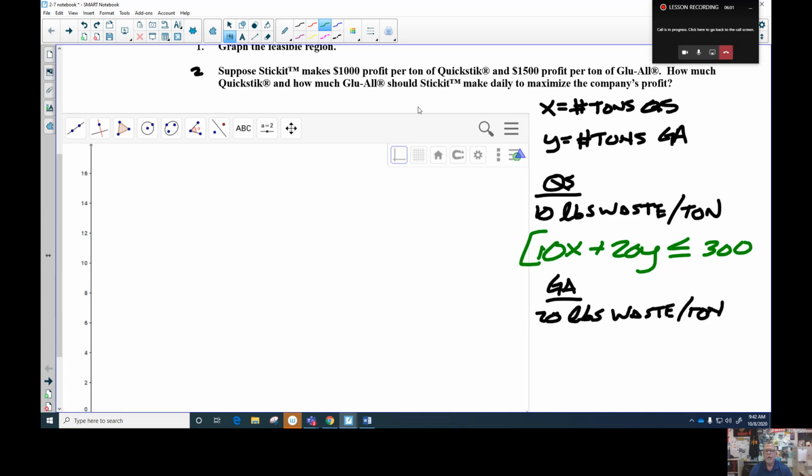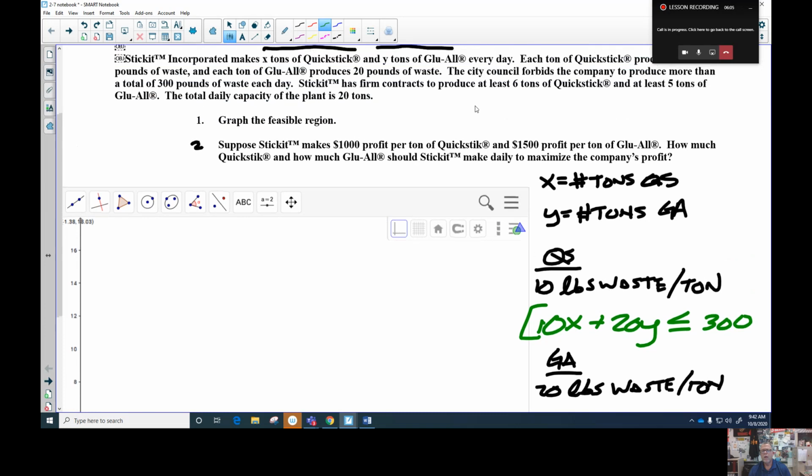All right, so I keep reading. Go back to the problem. And we did that sentence. So now Stickit has firm contracts to produce at least 6 tons of Quick Stick and at least 5 tons of Glue All. So again, I see these limiting terms, right? At least. So they need at least 6 tons of Quick Stick and at least 5 tons of Glue All.